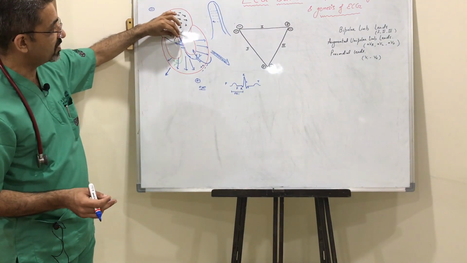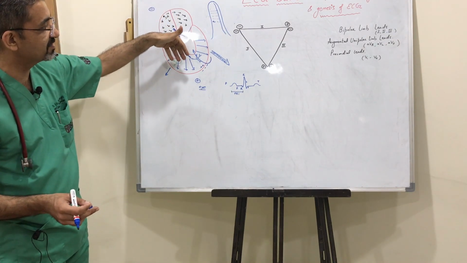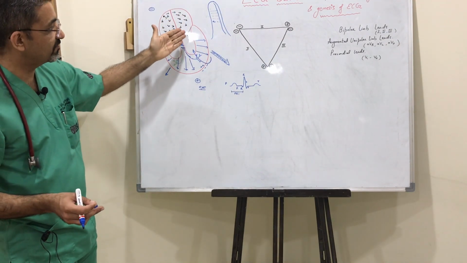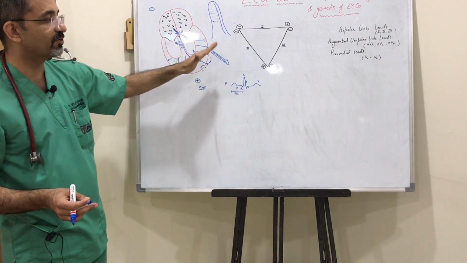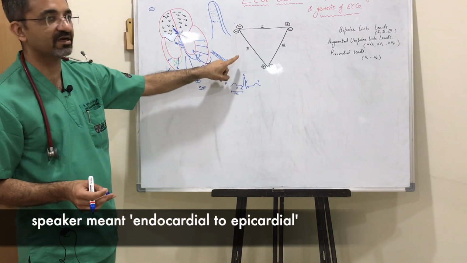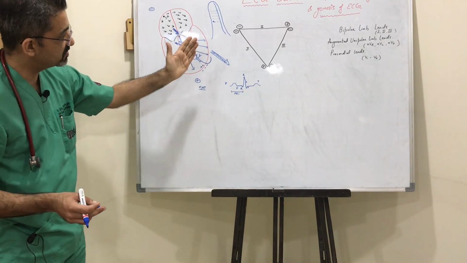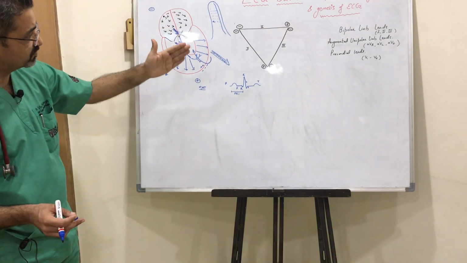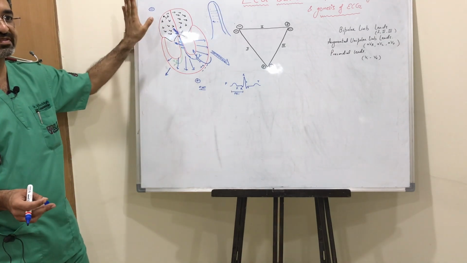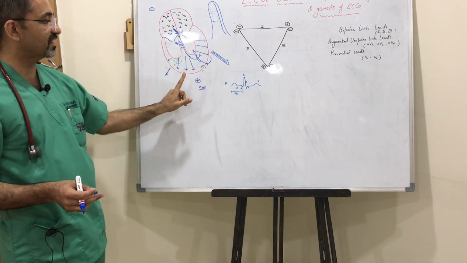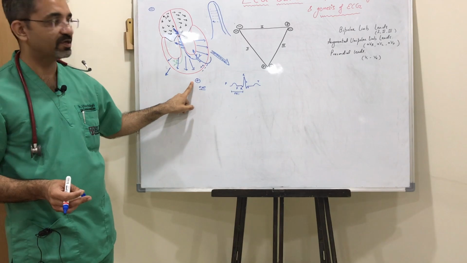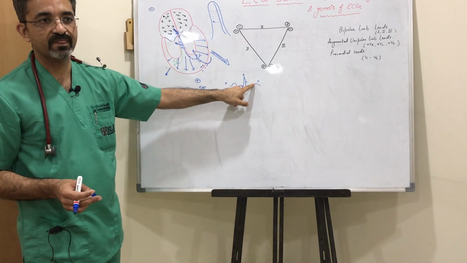Then you have a rush of charge through the bundles, Purkinje fibers, and from epicardial to endocardial surface, giving rise to a robust R wave picked by this eye. And then these charges move towards the posterior surface of the heart and will go towards the base. So positive charge going away from the positive eye of the electrode will give rise to S wave.